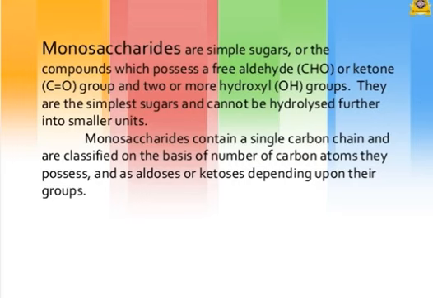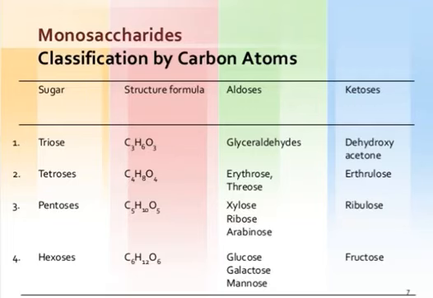The next monosaccharide. It has a sugar structural formula: triose, glyceraldehyde C3H6O3, then tetroses C4H8O4, then pentoses C5H10O5. Those are the different classifications by carbon atoms.